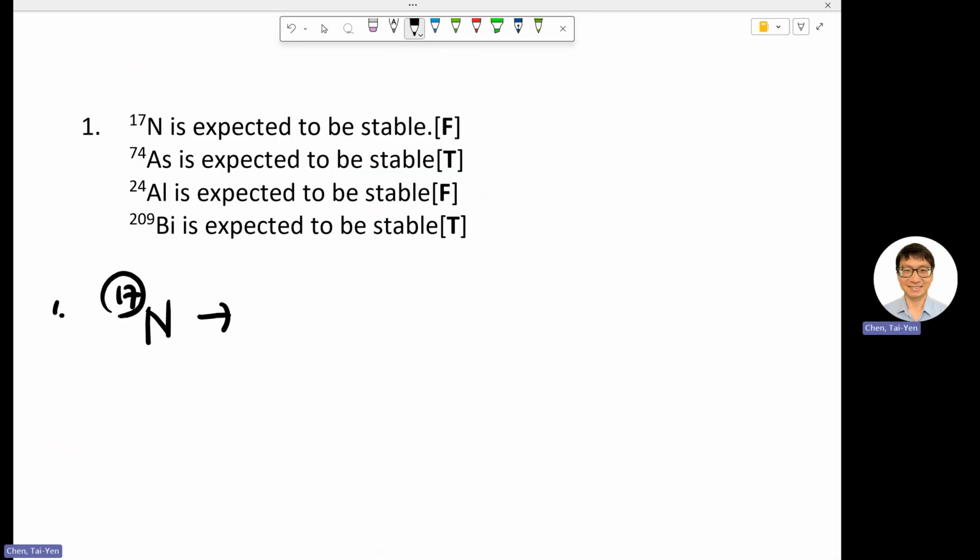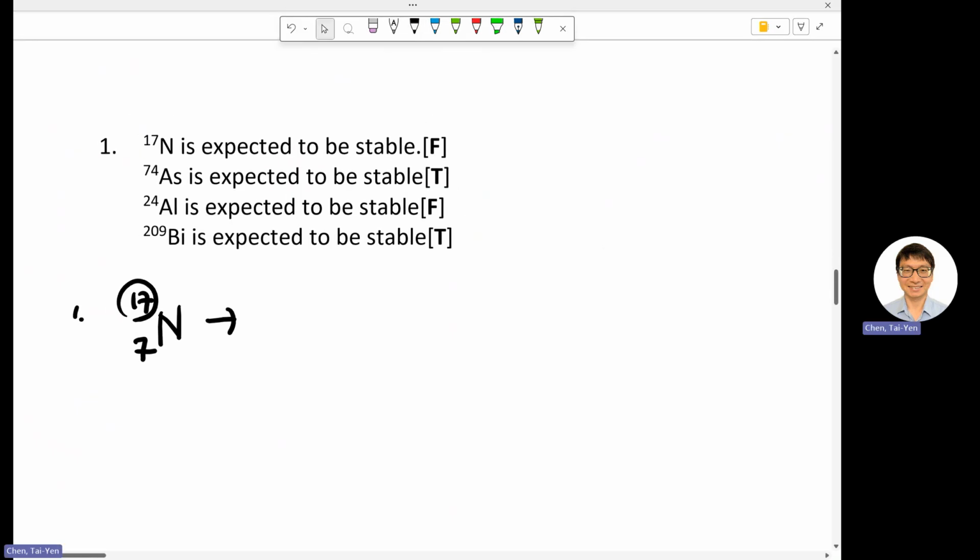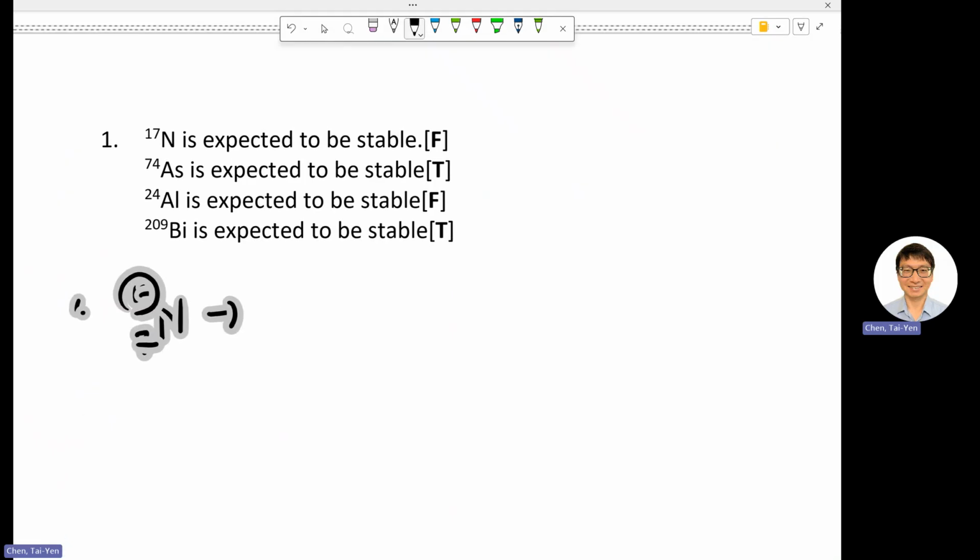What is the proton number? 7, right? Everybody has your periodic table with you, right? What is the atomic mass? From here, you can first see that 7 is not one of the magic numbers.